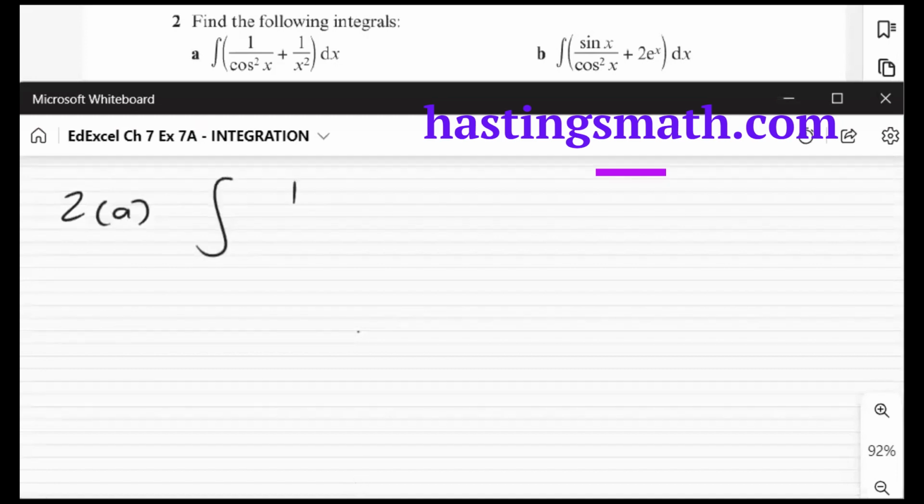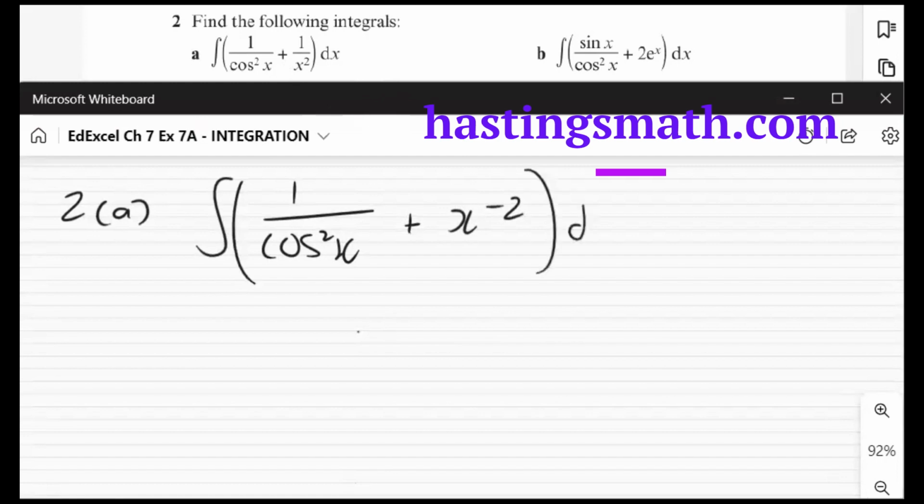So we have currently 1 over cos squared x, and I'm going to immediately put the other one as x to the minus 2, because that will be easier to work with. So how do we change 1 over cos squared x?